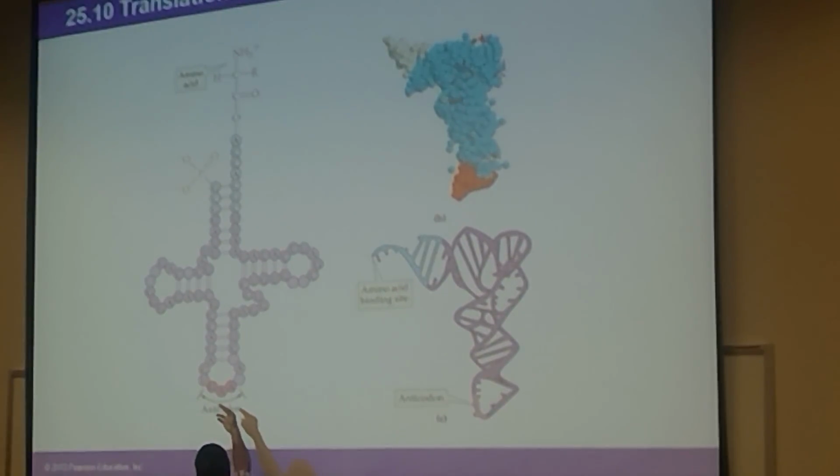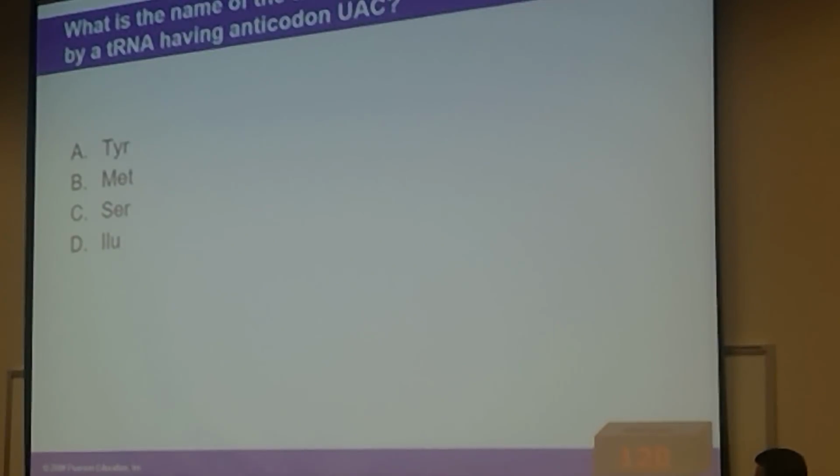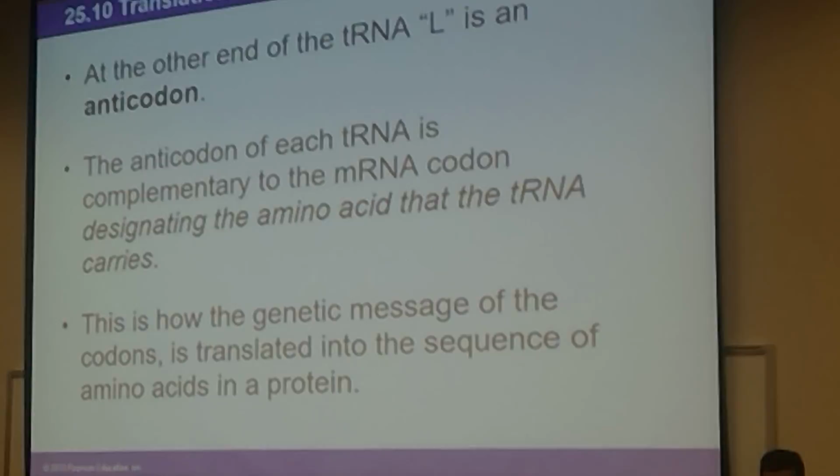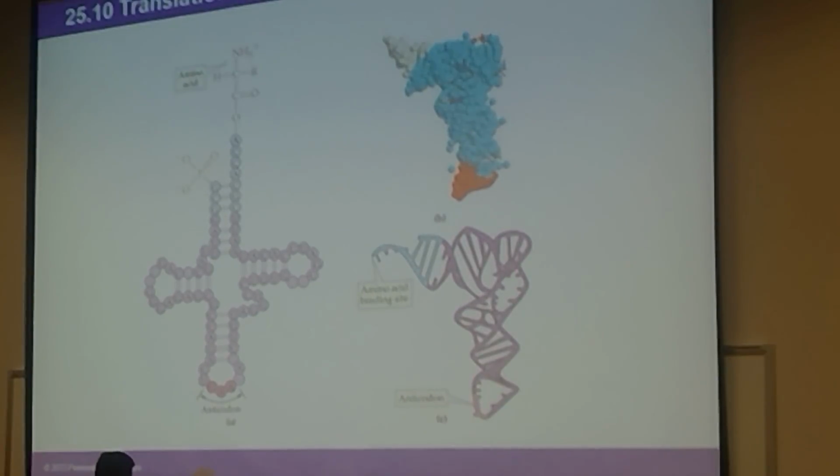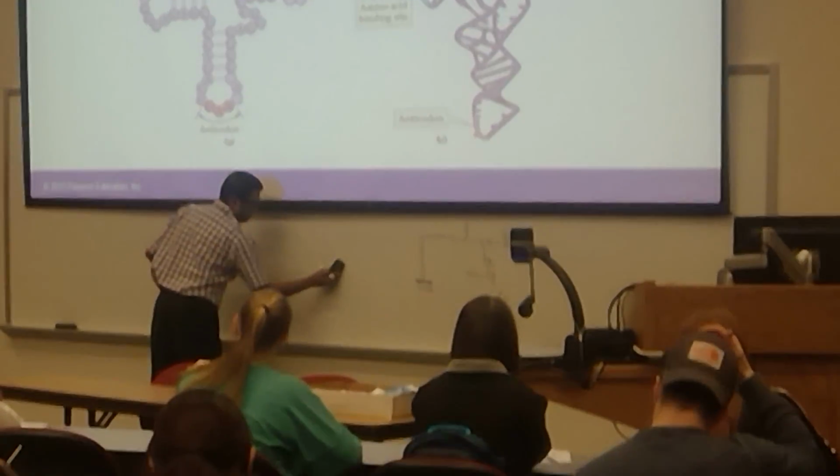Here, the anticodon is given. Can you tell me what the amino acid should be now? For this tRNA, whatever is given here, what should we do first to find the codon? What is the anticodon? How do we read it?